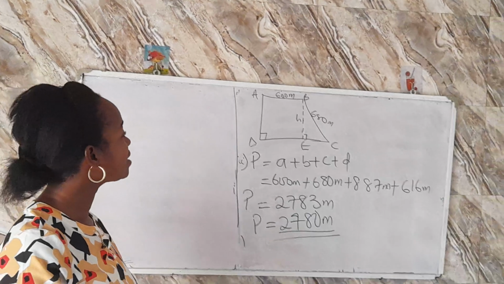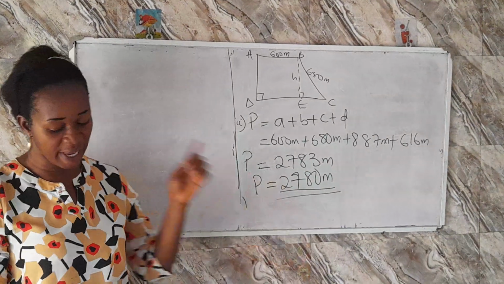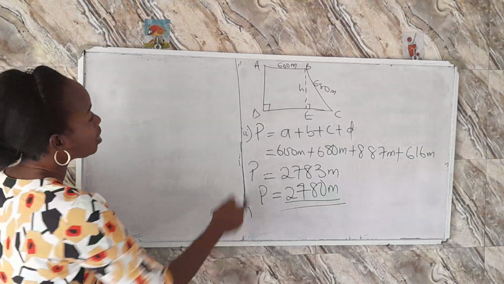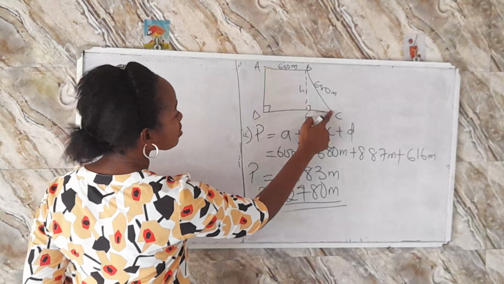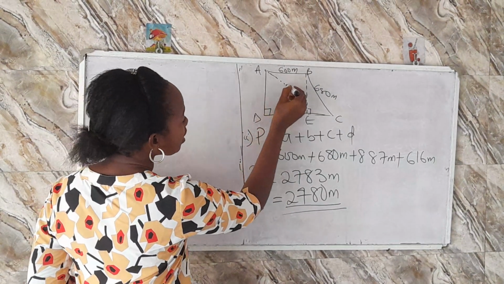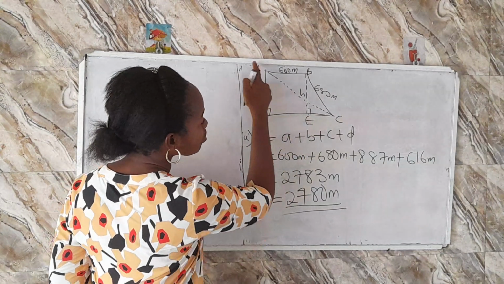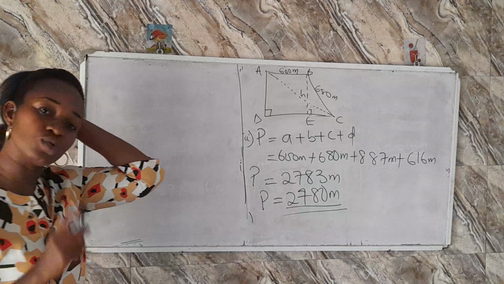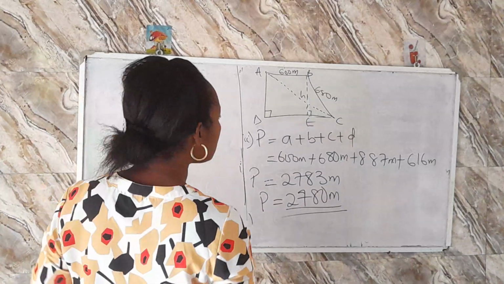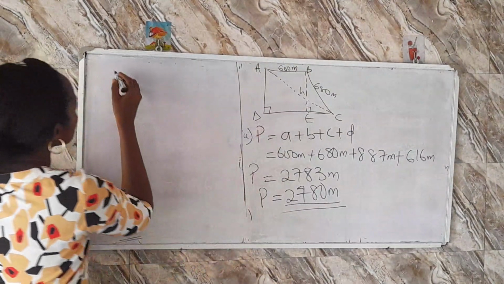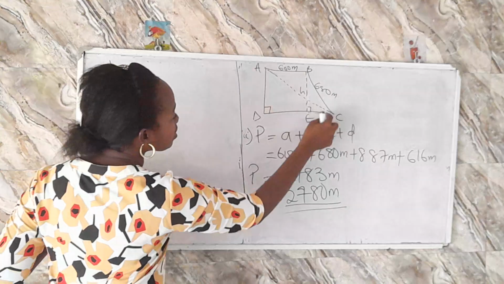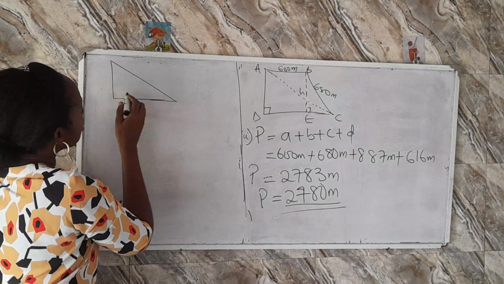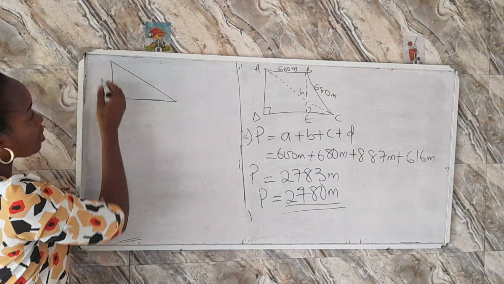Okay. The last question says, if AC is a straight road across the land, AC, this is A, this is C. So let me use a dotted line. It says we should find AC to one decimal place. So if I cut out this part, it will give me a right angle triangle.